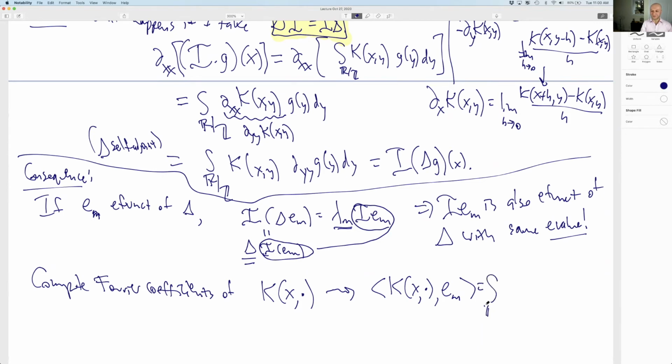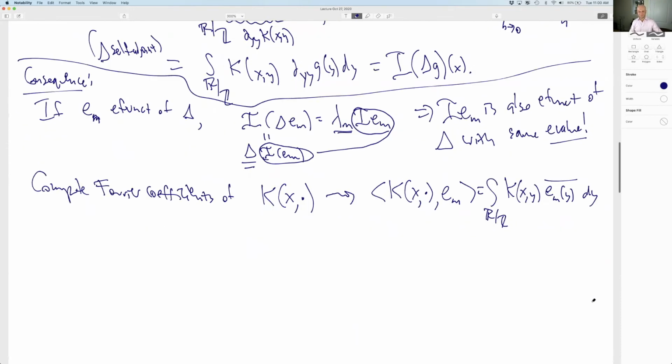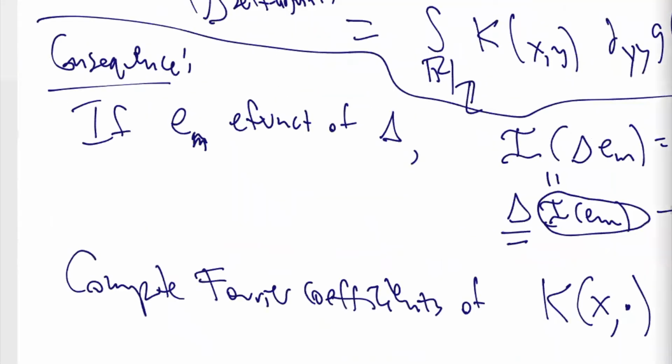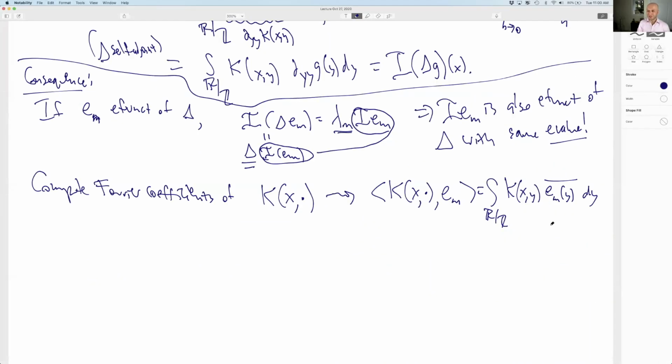So this is an integral over R mod Z of big K of x, y, E M y bar dy, right? Does this make sense?